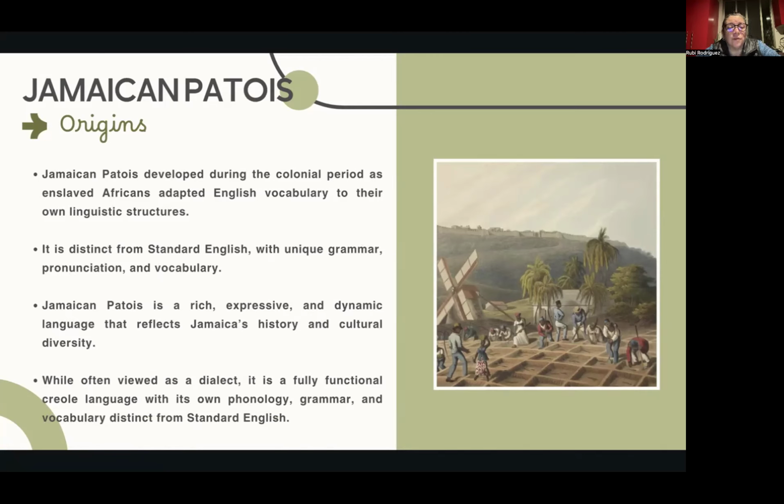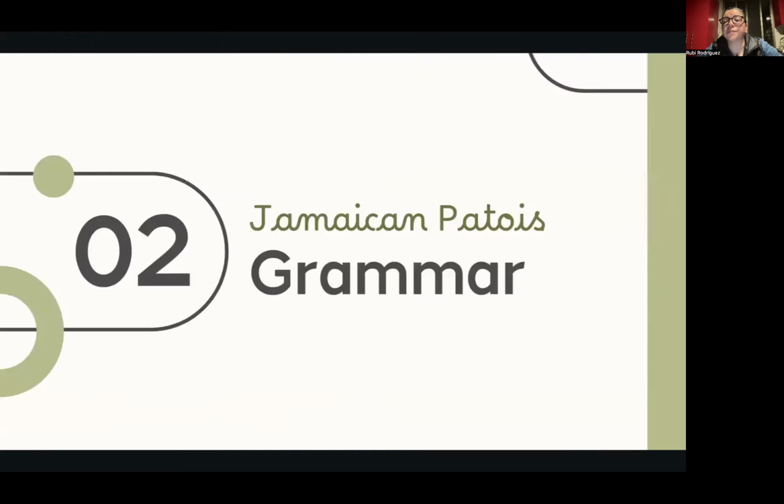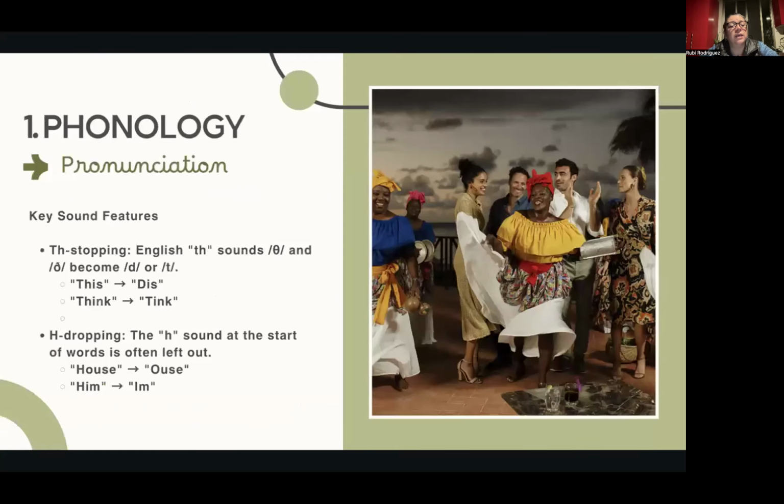While often viewed as a dialect, it is a fully functional Creole language with its own phonology, grammar, and vocabulary, distinct from standard English. We are going to continue with the grammar points. In the phonology, we have some different pronunciations and key sound features.